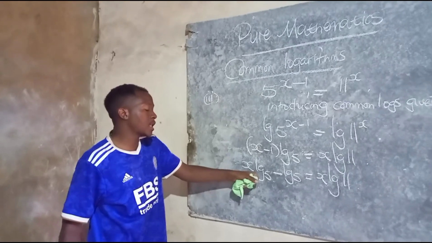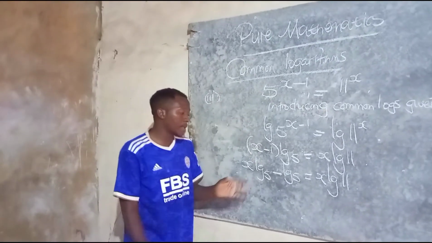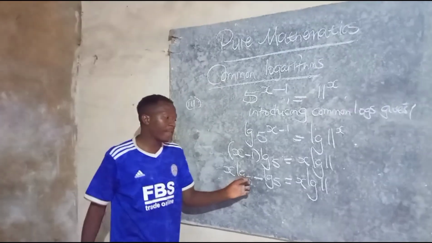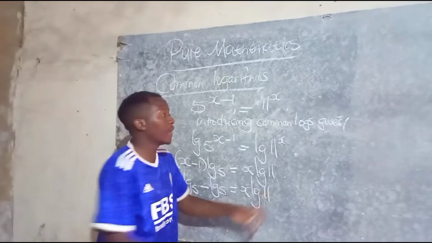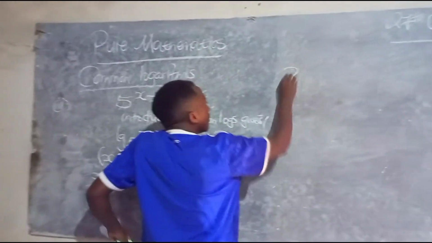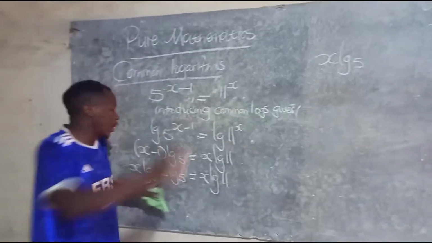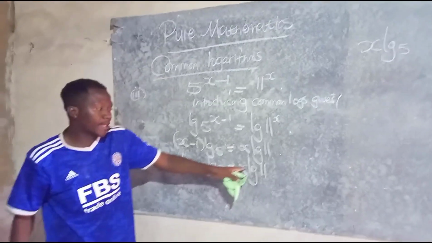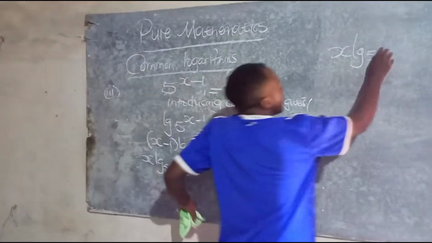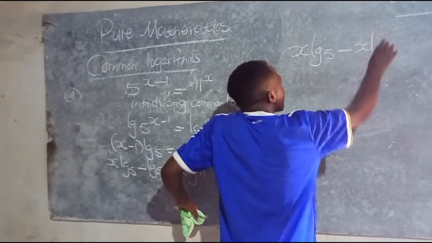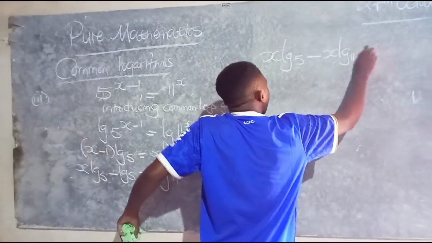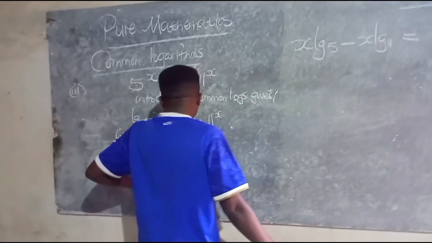Upon reaching this stage, we are going to collect like terms together, which is x log 5 and x log 11. So x log 11 is going to cross over, so I'm going to say minus x log 11. Then this is going to be equal to log 5.